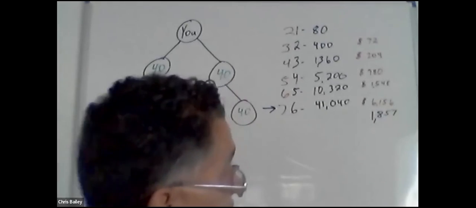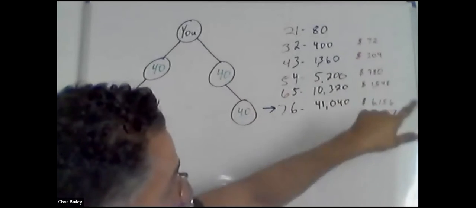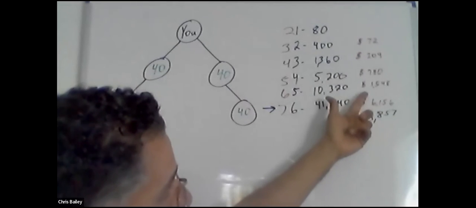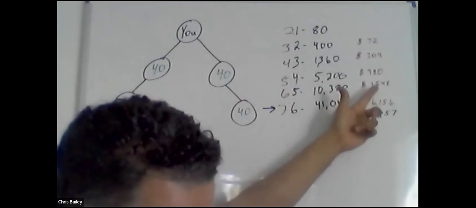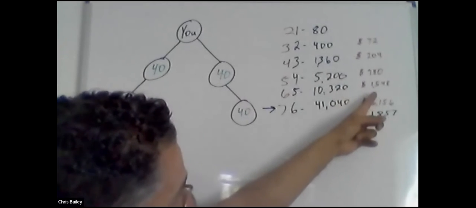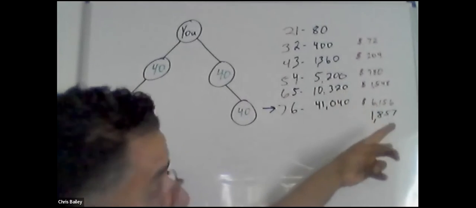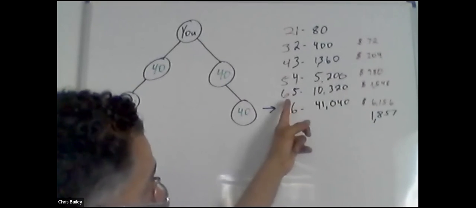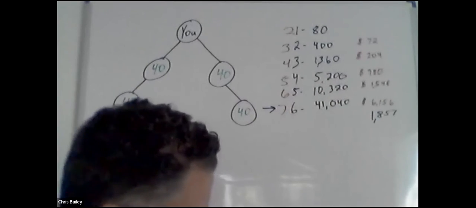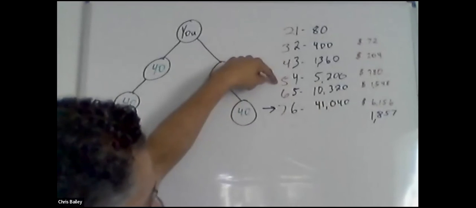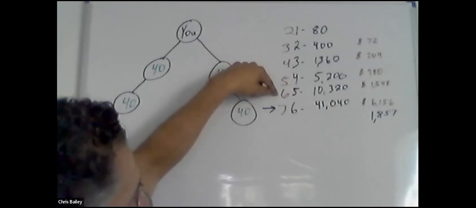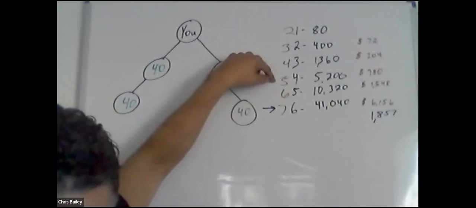What did I do? Because 4 people made 1,548, I multiplied 4 times 1,548, and then took 30% of that. The total is 1,857. Now that's your level ones. Level twos are the people they enrolled, 4 people each. 4 times 4, there's 16 people here.